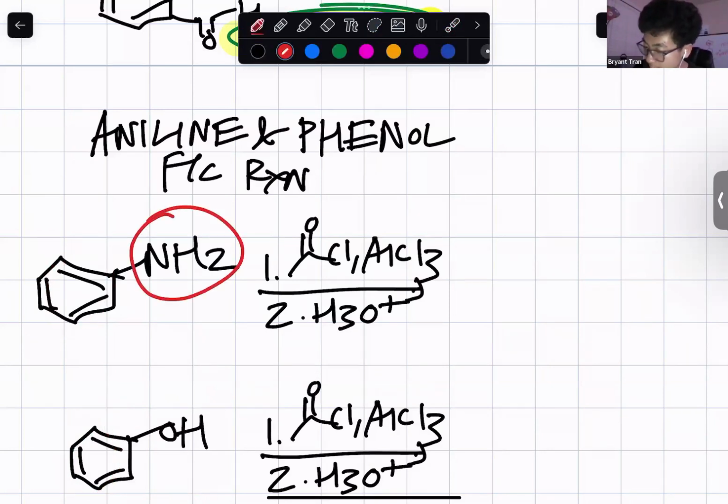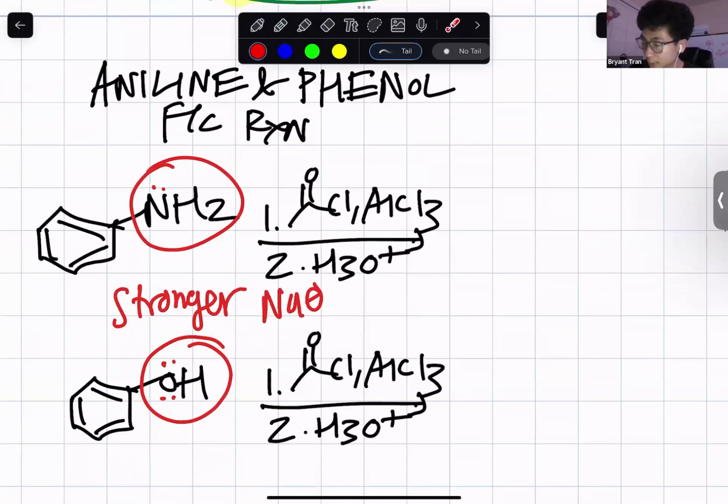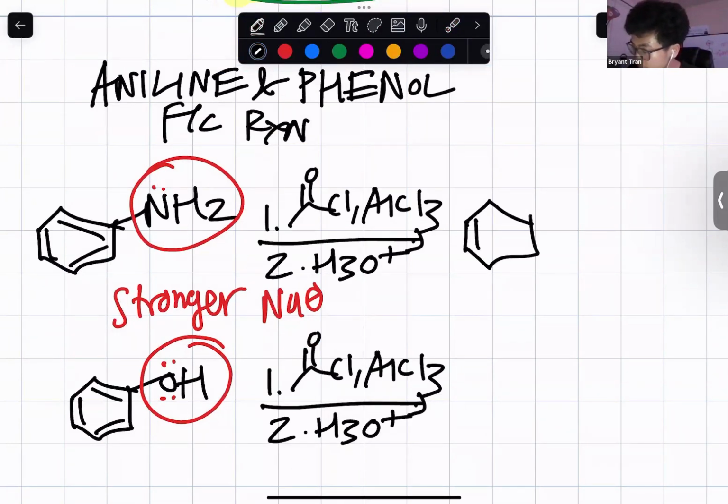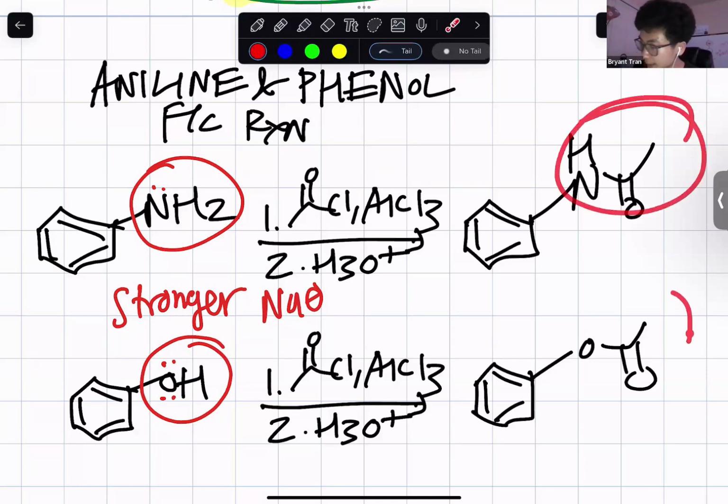But NH2 and OH here is a stronger nucleophile than the benzene ring here, right? So instead of the acyl group attaching onto the benzene ring, we're going to attach the acyl group to the NH2 and OH, right?